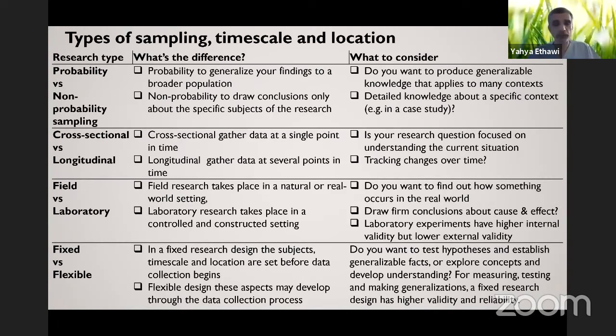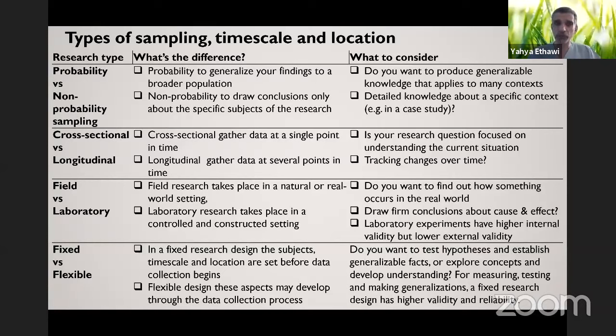Okay, so here's the explanation. Probability versus non-probability sampling. With probability you can test, and therefore you can infer, or generalize, or relate the finding to the population. Because the sampling is random and represents the targeted population, you can infer it.